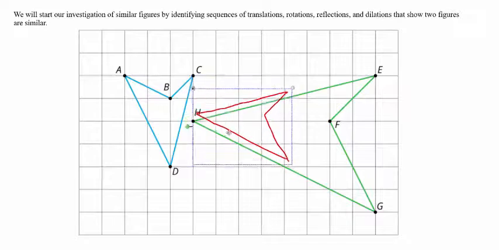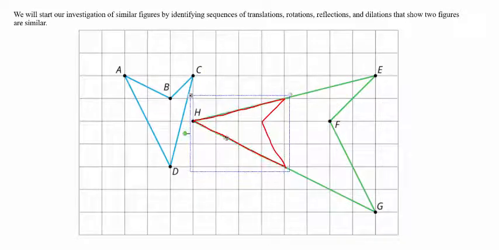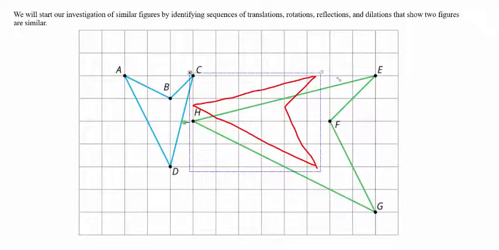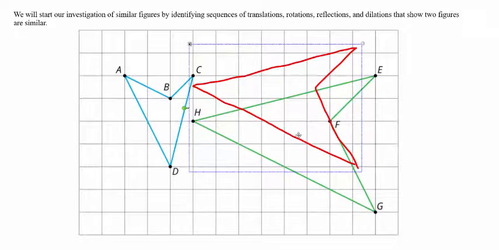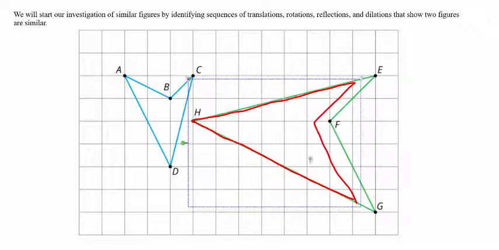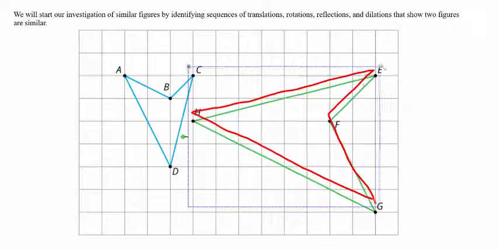I just needed to reflect. Translate that down. Now I just need to make this bigger so that it is directly on top of this one. So I got to dilate it. Looks like a little bit more.